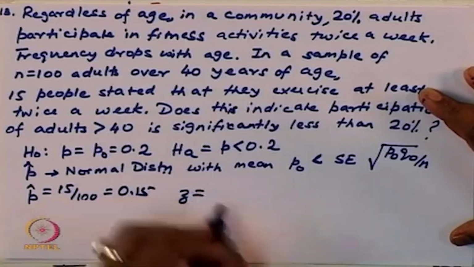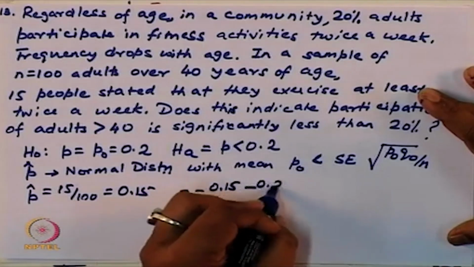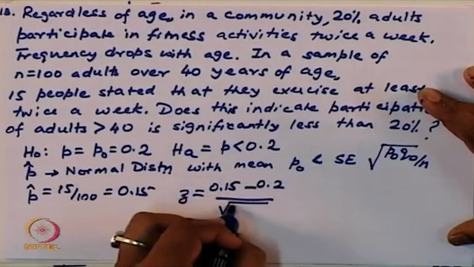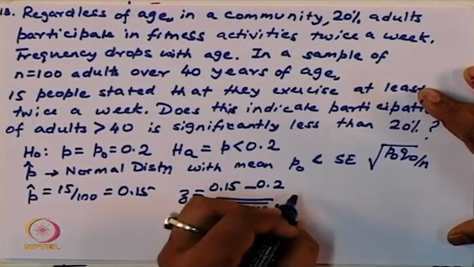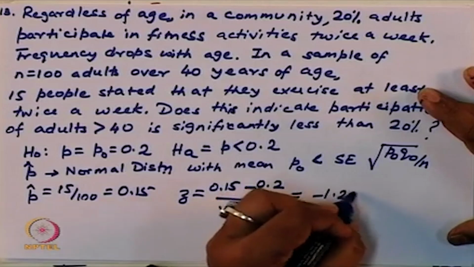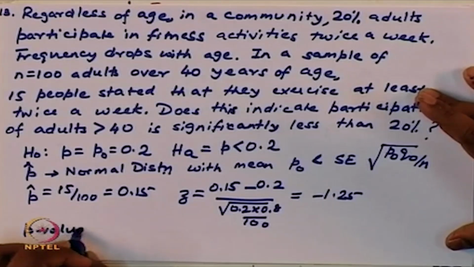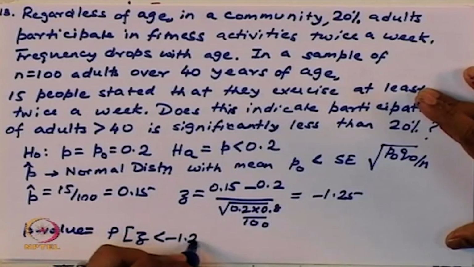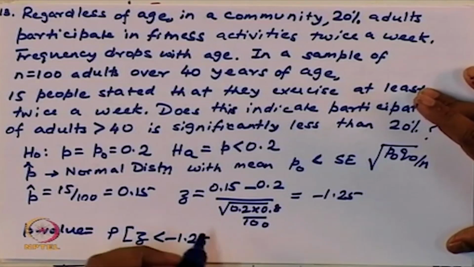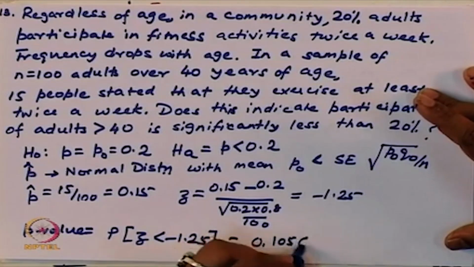So, if you calculate the z statistic, it is 0.15 minus 0.2 over the standard error, equal to minus 1.25. Okay, so the p value comes out to probability of z less than minus 1.25, and this is 0.1056.